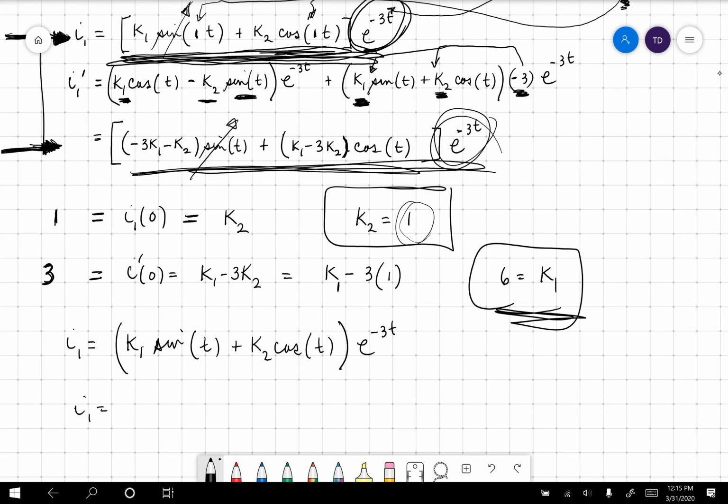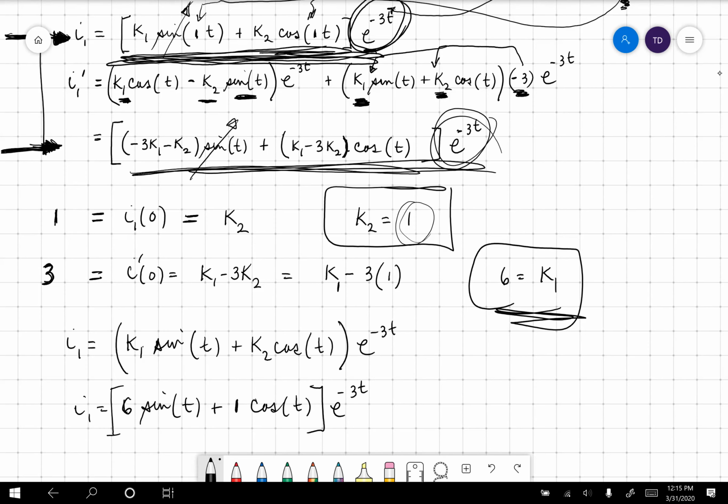I1 equals k1, 6 sine of t, plus k2, plus 1 cosine of t. Obviously, 1 times cosine of t is cosine of t, and you're all sharp enough to know that. Group that together, all multiplied by e to the minus 3t.